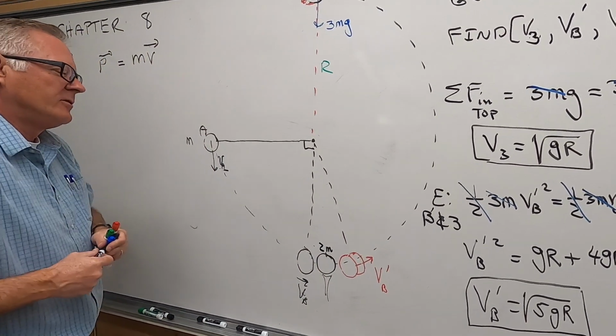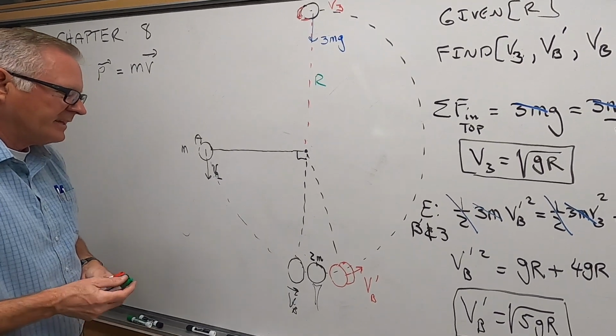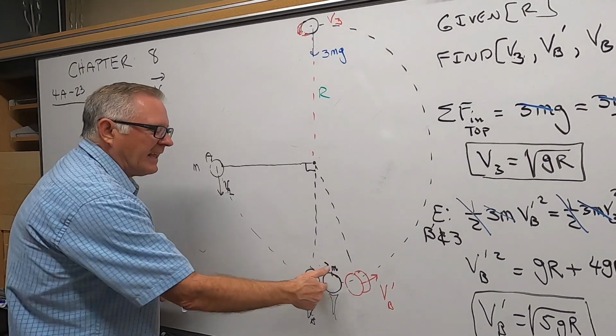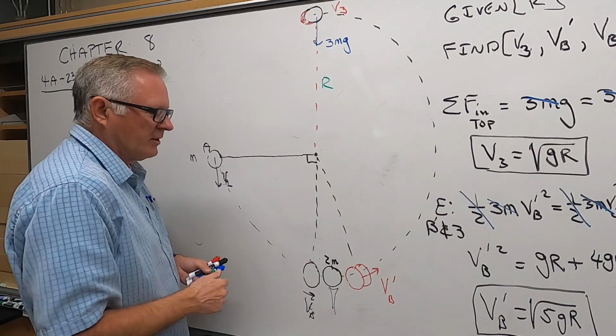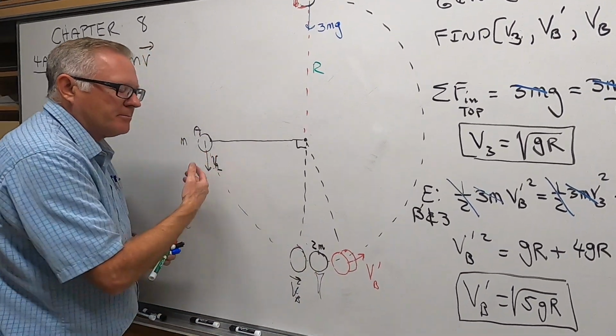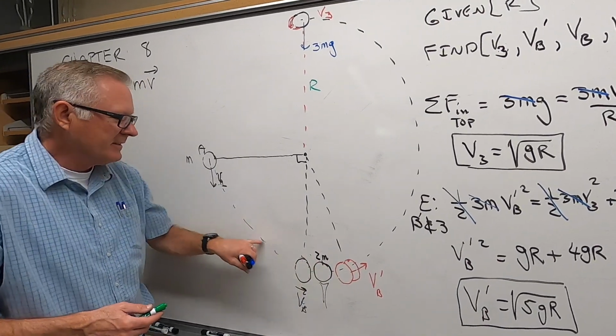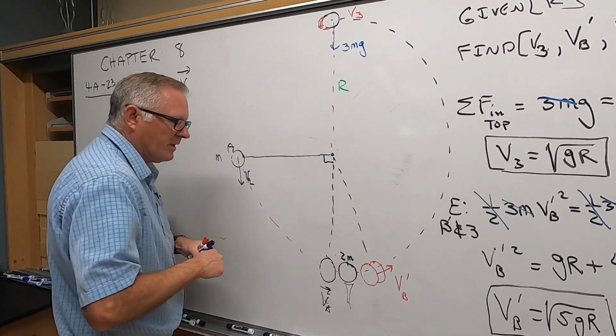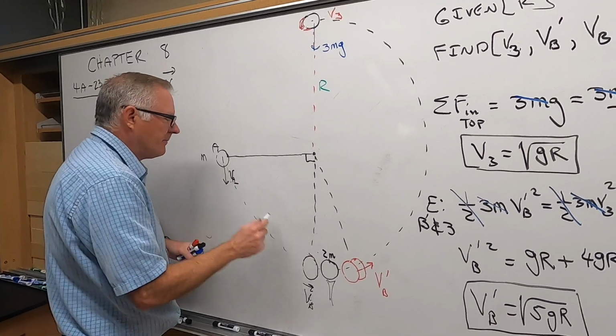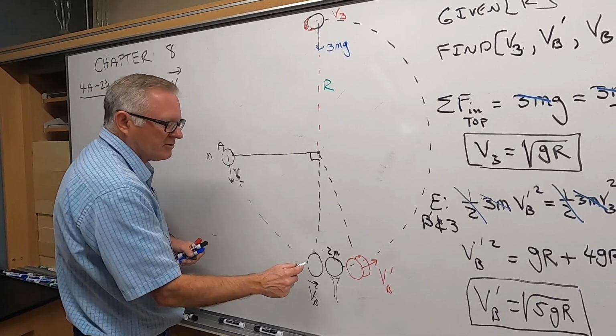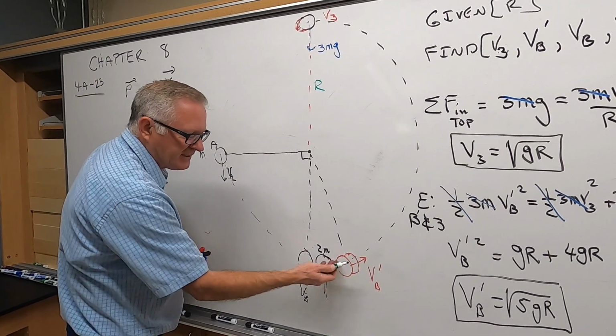Now, I could have changed this a little bit. I could have made this an elastic collision right here, so that it came in and just bounced off of it. Remember, if you run into something bigger than you, it's going to bounce back. So I could have thrown this thing so that when it came down, it didn't stick.